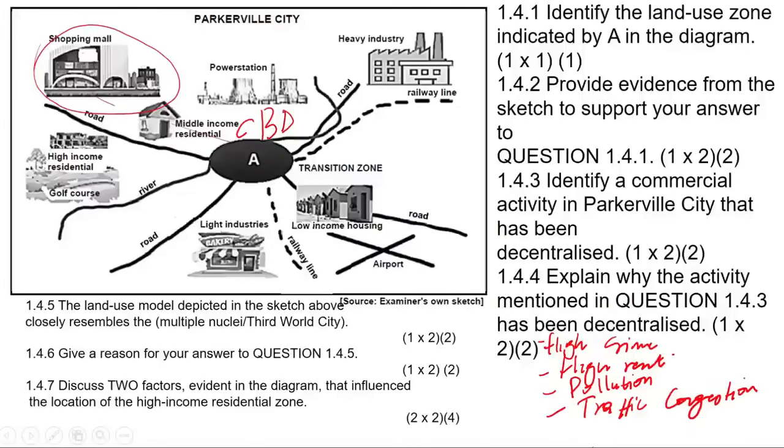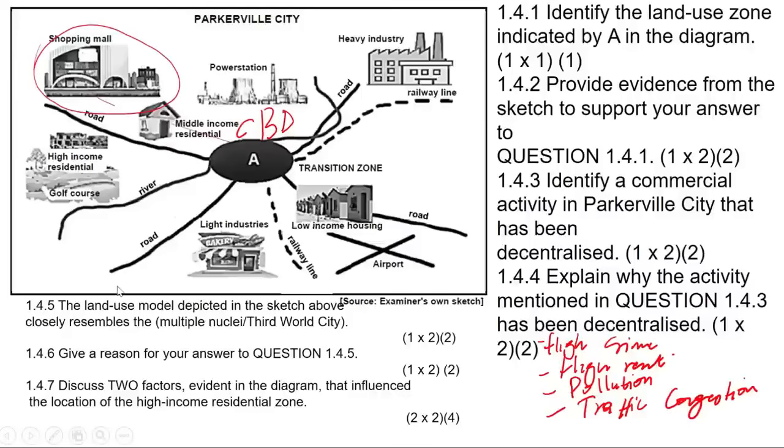Because number one, people are going to arrive late at work. When people arrive late at work, they will be less productive, and there's going to be a lot of problems if people are late, and therefore the production in the particular area or in the particular industry is going to be less. So these are the challenges that are making people leave the CBD to go to the periphery.